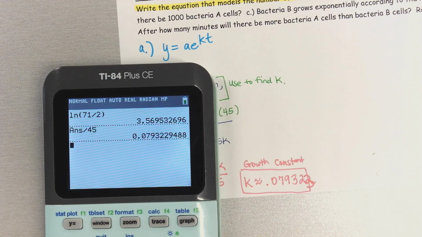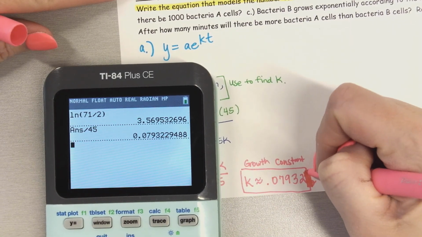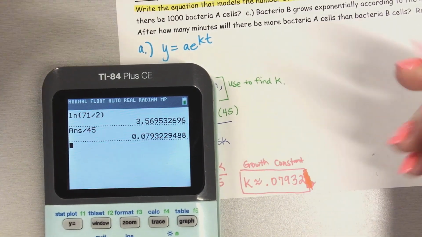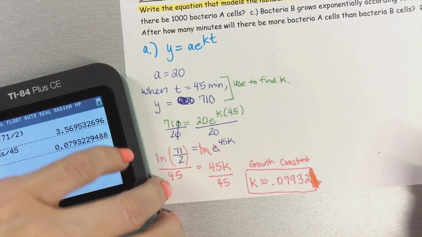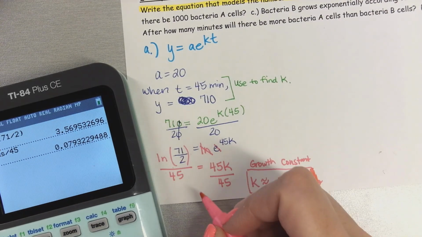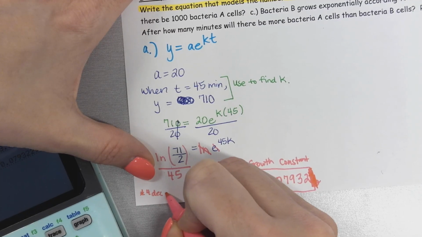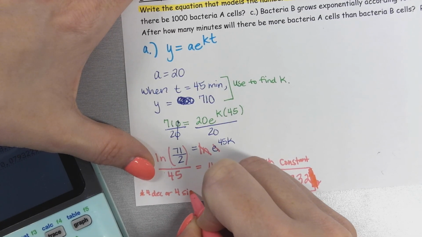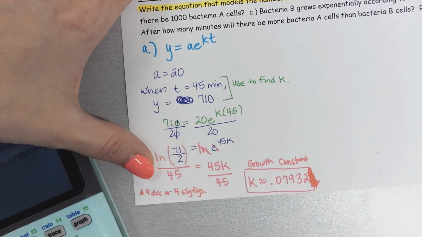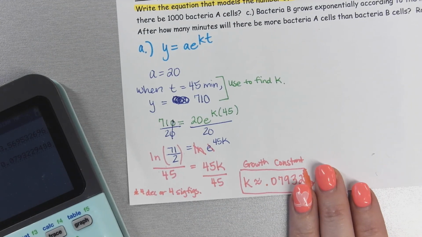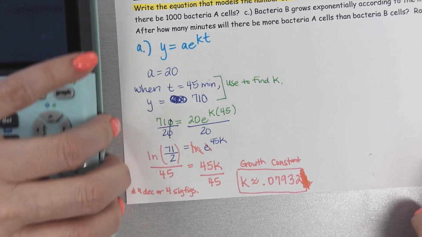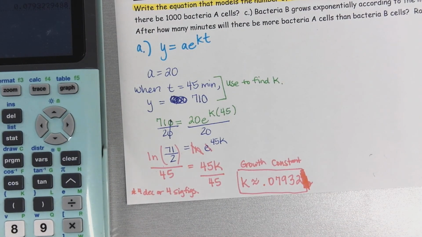Okay, so do the 10,000 unless it's not the significant figure. So we're going to keep it like this. Four decimals. And thank you guys for helping me with that one.